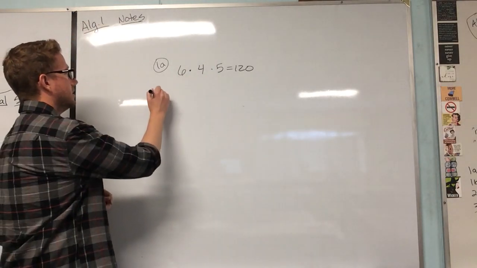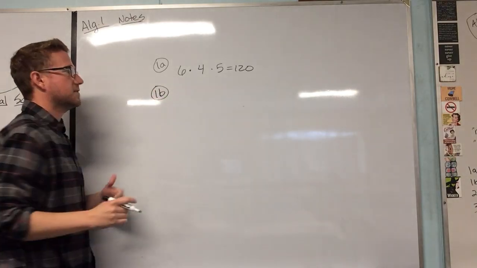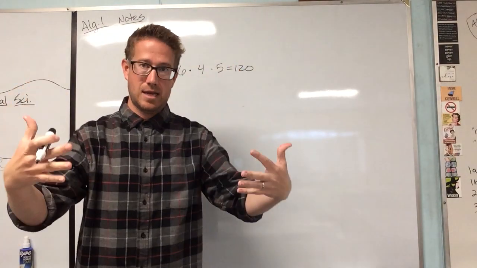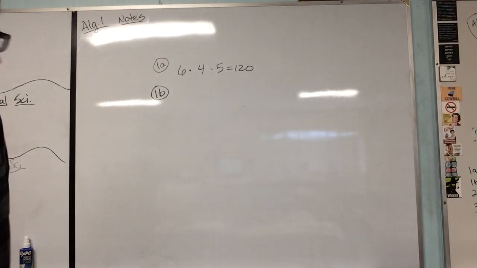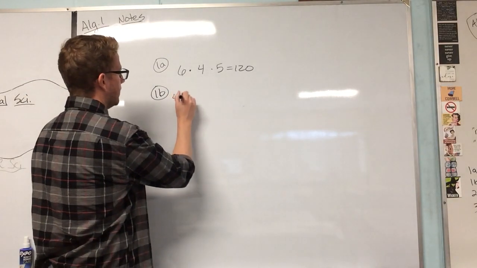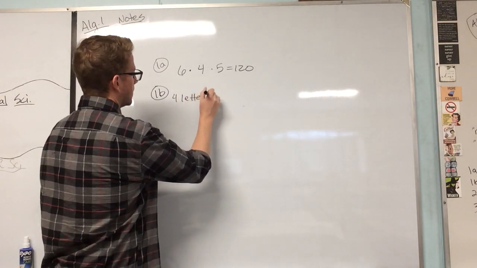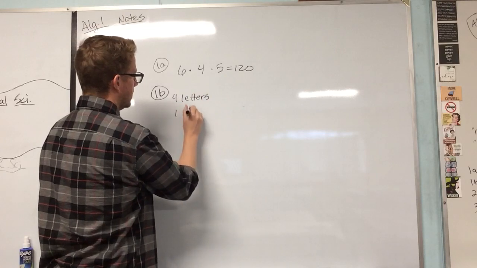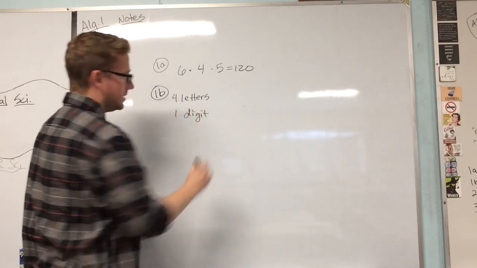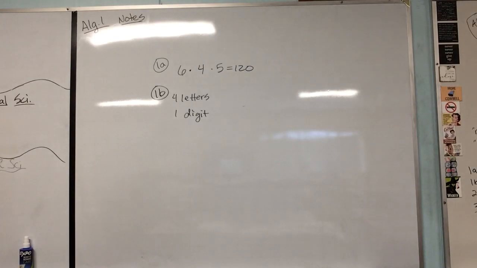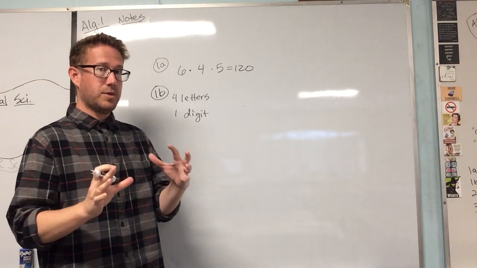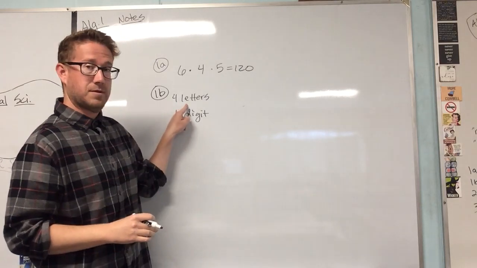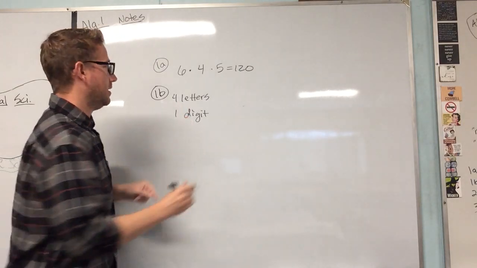Okay? All right, let's take a look at 1B, which takes the fundamental counting principle and enhances it a little bit. All right, so you have a password that is 4 letters and 1 digit. This is important because those are not the actual numbers that we're using. What you need to now think about is that 4 letters, how many letters are in the alphabet?